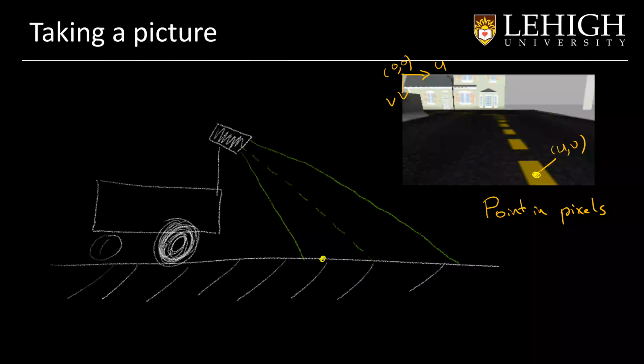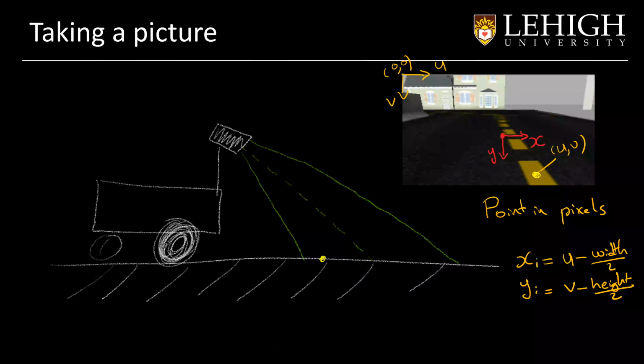The way that we convert that point to the image coordinate frame is very simple. We just have that x in the image plane will be the value in pixels u minus the width of the image over 2, and the coordinate y will be equal to v minus the height over 2.